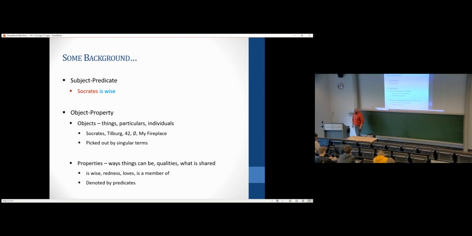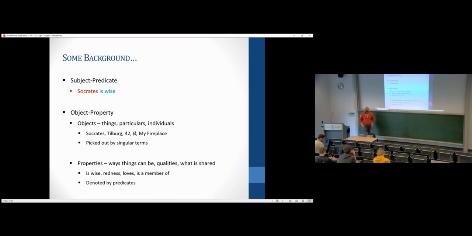So there's a linguistic distinction. Corresponding or related to it somehow is what we might think of as a metaphysical distinction, and that's between objects and properties. Objects are things, particulars, individuals.